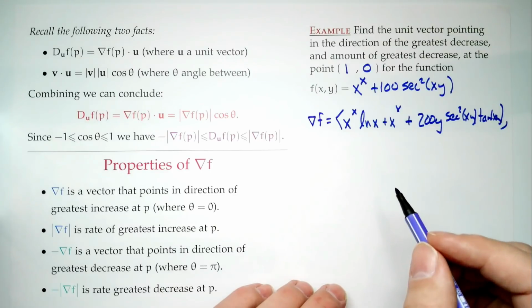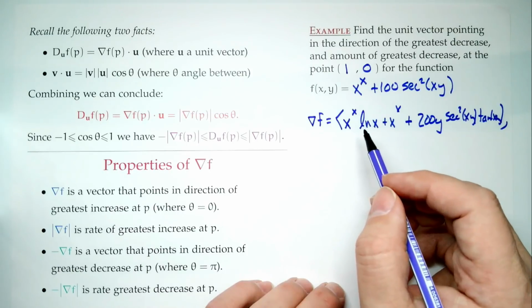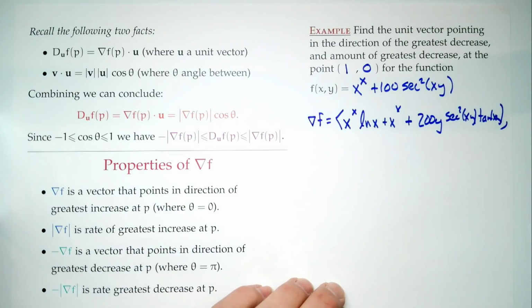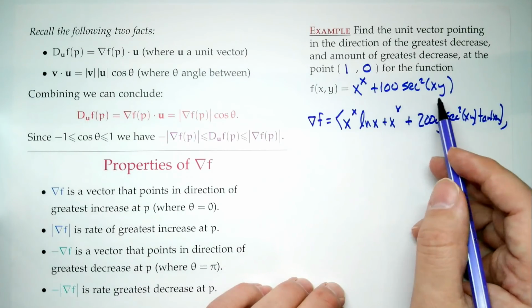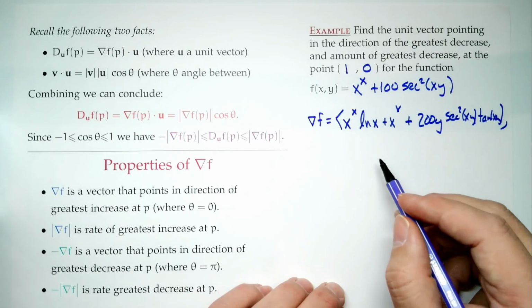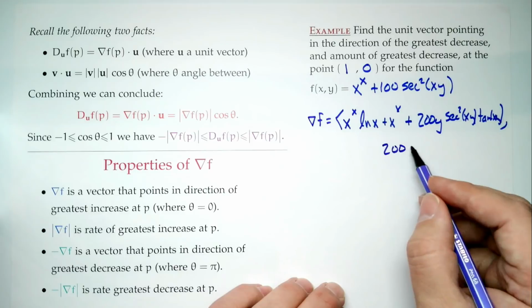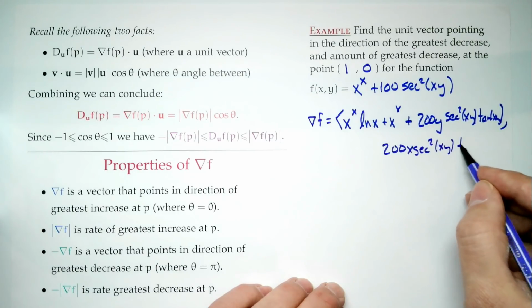Well, derivative with respect to y. Derivative of x to the x with respect to y? Oh, that's nice. We should have that at the start. Derivative of 100 secant squared of xy with respect to y? 200x secant squared of xy tangent of xy.